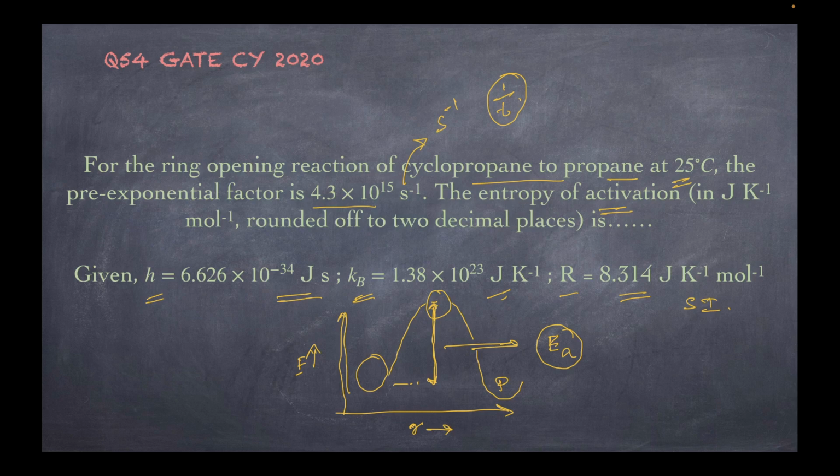When the reactants are in this well, they are in equilibrium, right? At 25 degrees centigrade there will be random thermal fluctuation. For an activated reaction, the reactant molecules have to be activated to form products. It means the random fluctuation cannot immediately transfer the reactant molecules to the product, so they have to be activated.